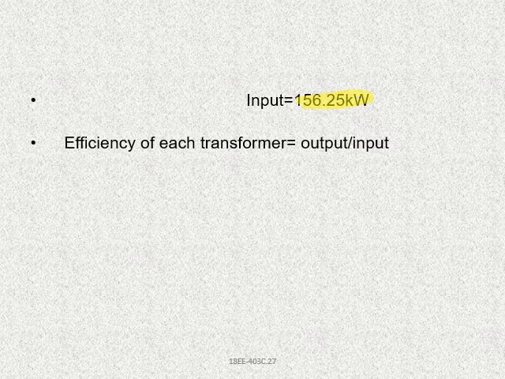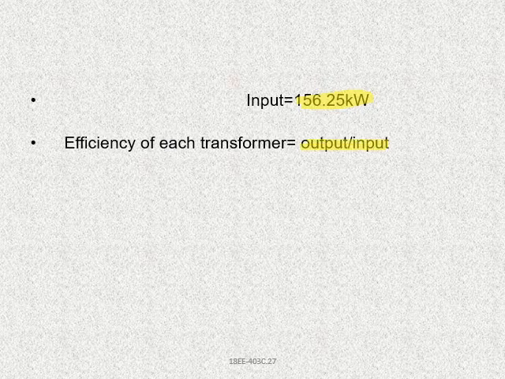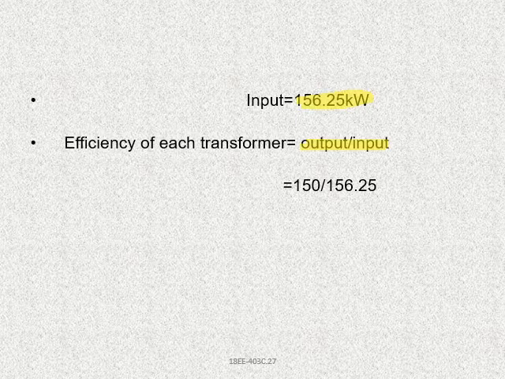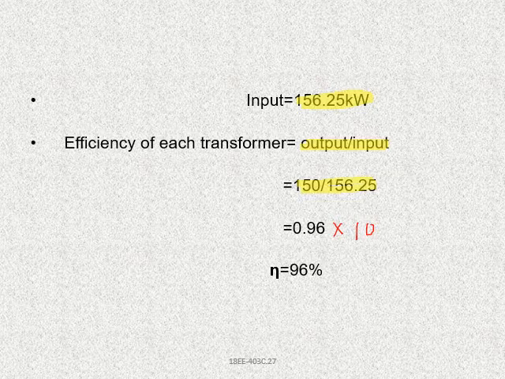Now we have input and output, and the efficiency of each transformer is output by input into 100. It's 150 by 156.25, which is 0.96, into 100 gets the percentage efficiency of 96%. So each transformer has an efficiency of 96%.